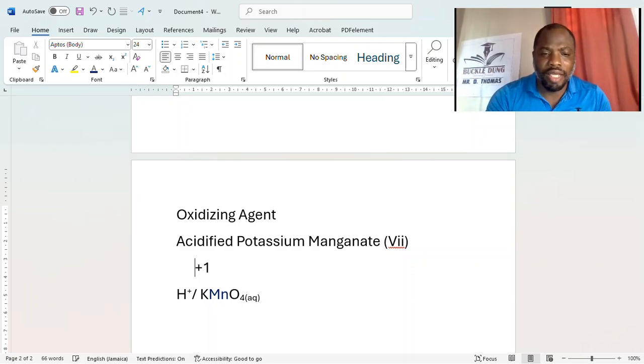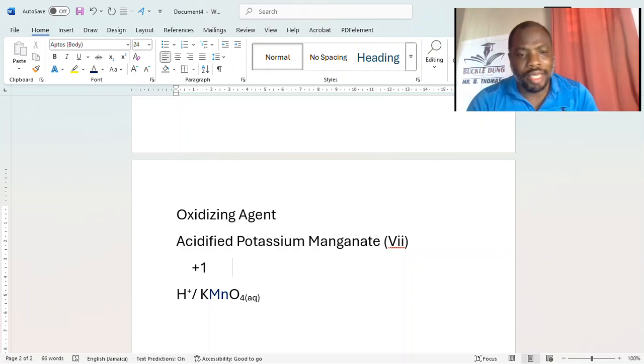And so definitely the potassium is a +1 because its charge as an ion is 1 plus. We know as well that oxygen is technically a -2 in terms of its oxidation number unless it is bonded as a peroxide. And in this case, it's not a peroxide.